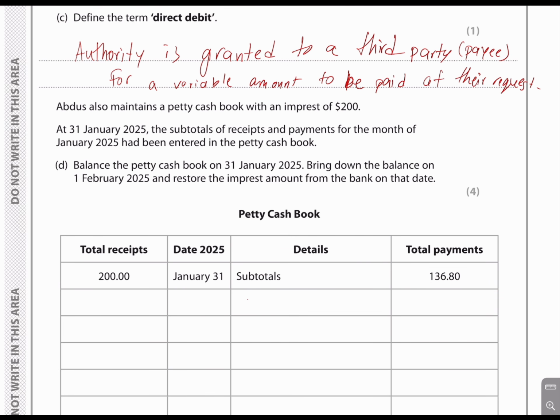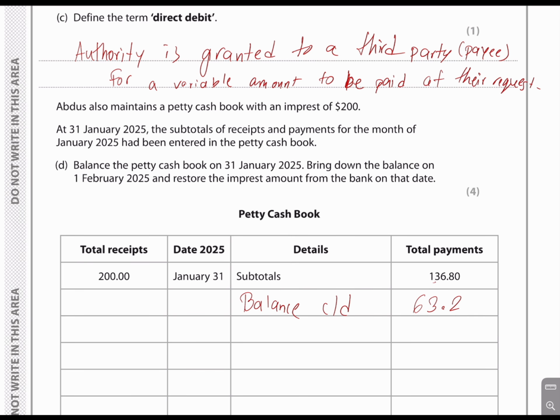So what we do, we balance c/d, we balance the two sides out. This side is lower by how much? 63.2. How have I got it? 200 on the left side, 136.80 on the right side. So how much balance is there in the petty cash book? The difference: you had this amount, you spent this amount, so you still have 63.2 with yourself.